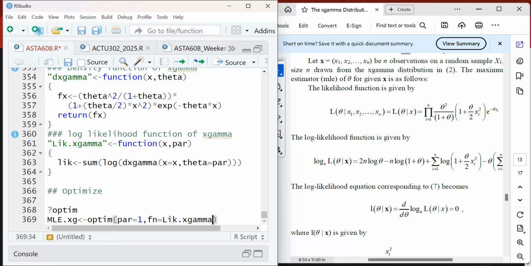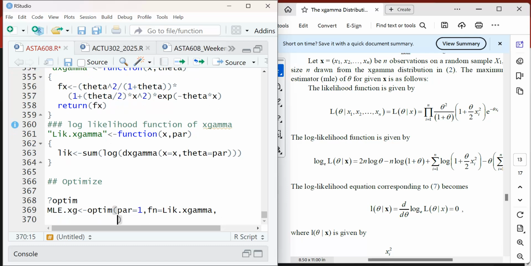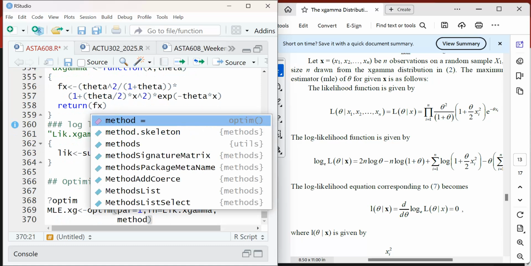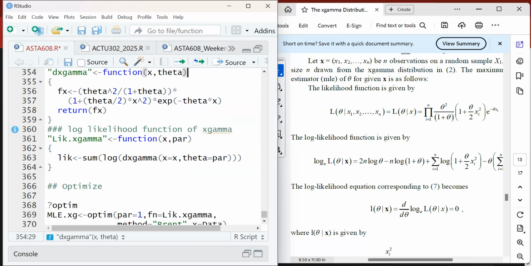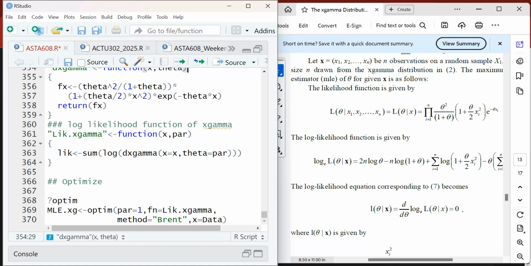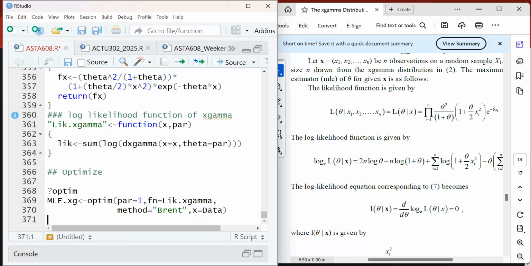And then what else do we need? Method, let's use Brent because it's just one parameter, and then x will be equal to our data. X is the data that we need. So this should find our maximum likelihood for the S gamma.